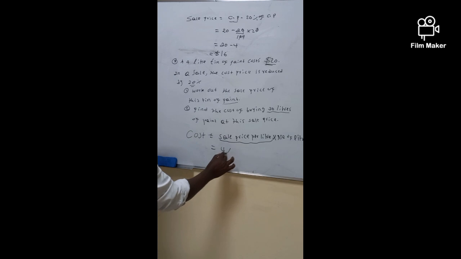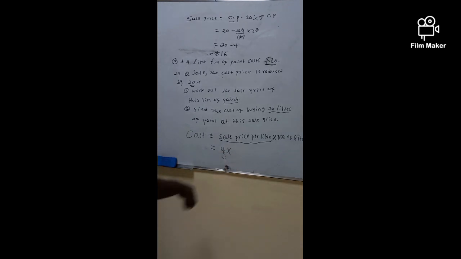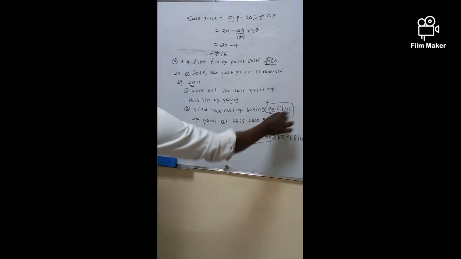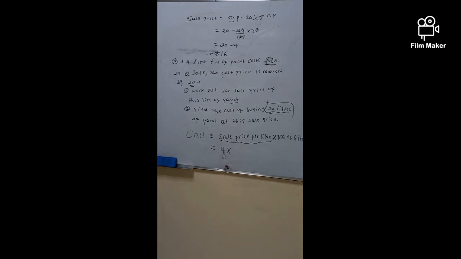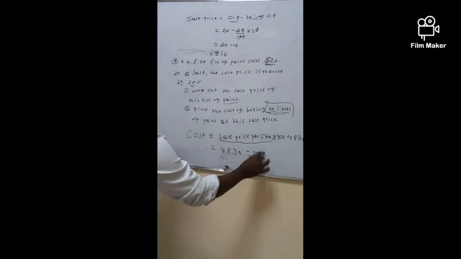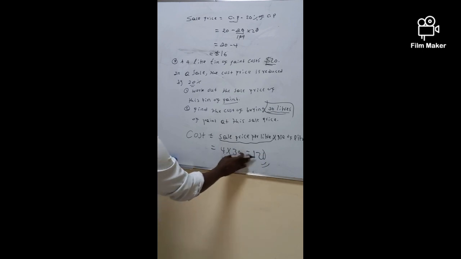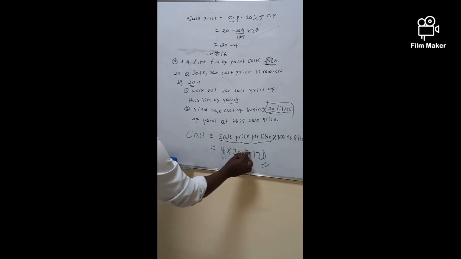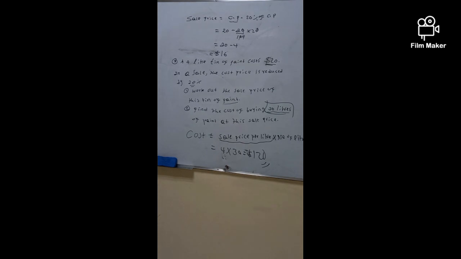So 4 times 30 liters, that's going to be $120, the cost of 30 liters of paint.